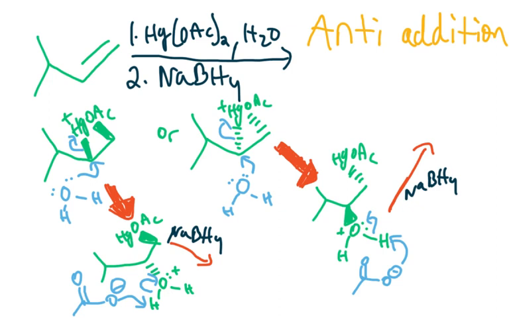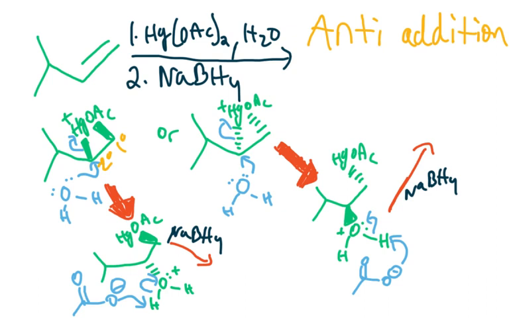The reason for that is because if you remember, we have our mercurinium ion intermediate in the oxymerc-demerc reaction. And you remember how water comes and attacks the more substituted carbon, because this is secondary, this carbon's primary. When water attacks that carbon, there's two possible states that I like to think of.